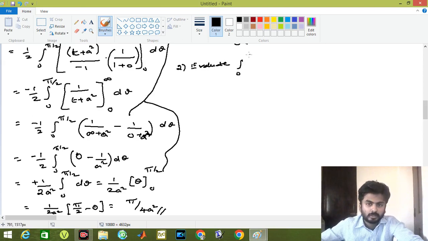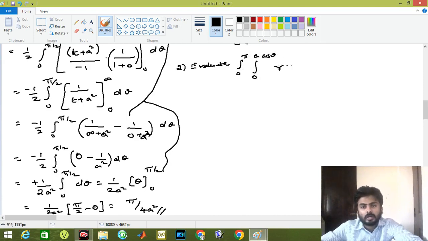integral 0 to pi, integral 0 to a cos theta, then r sin theta, dr and d theta.